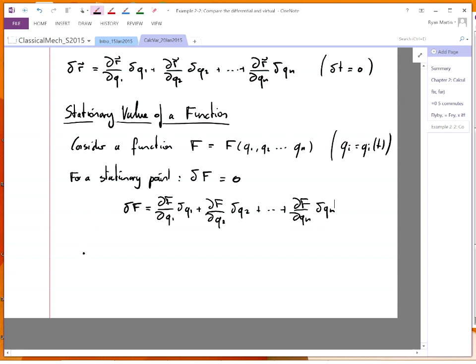So let's impose, or we can write, the virtual displacements. So we'll write the virtual displacement delta qi as epsilon times some alpha i. So alpha i is a change of each coordinate, specific to each coordinate, and then epsilon is an overall number to make all those changes small.